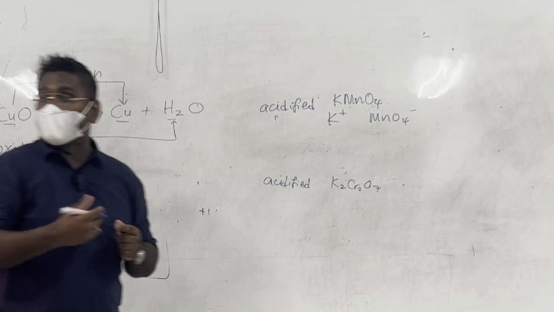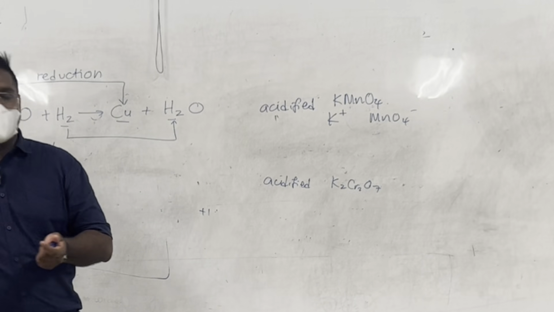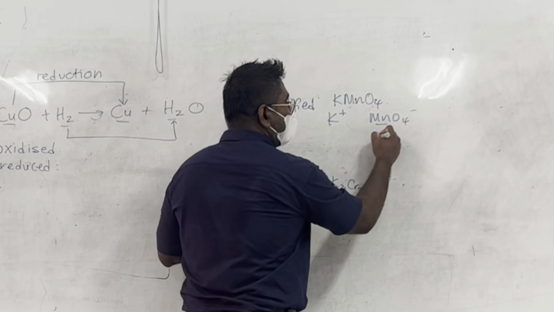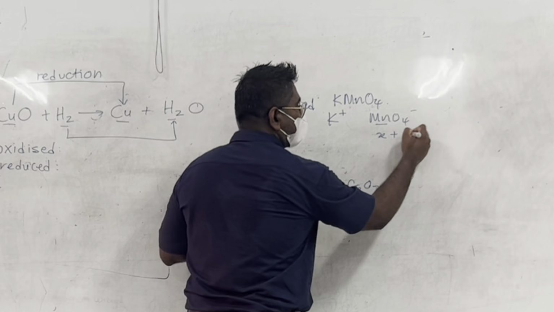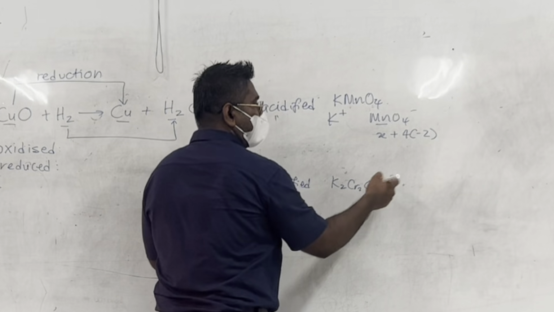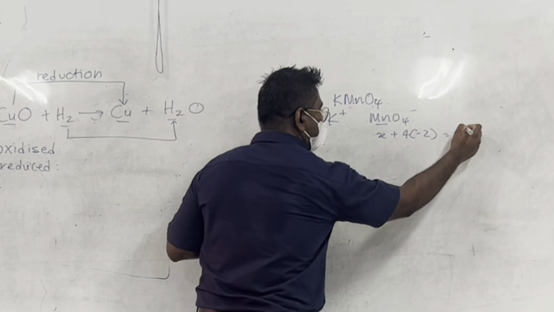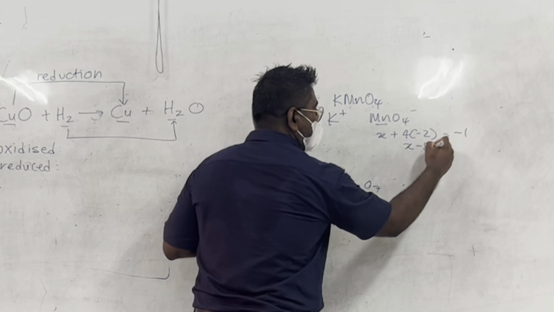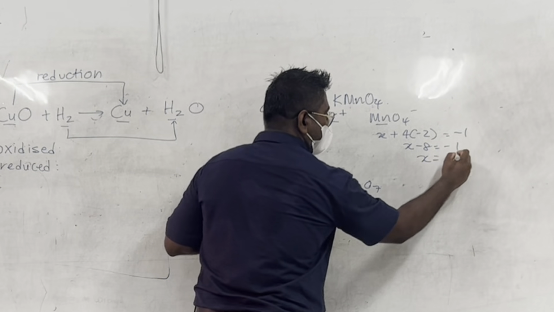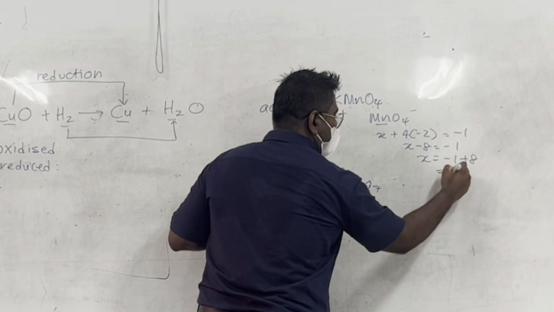Separate them first, and then you find X plus 4 times -2, oxygen is -2, equals to total of -1. X minus 8 equals -1, X equals -1 plus 8, you will get +7.